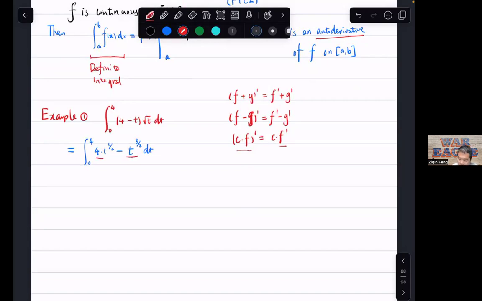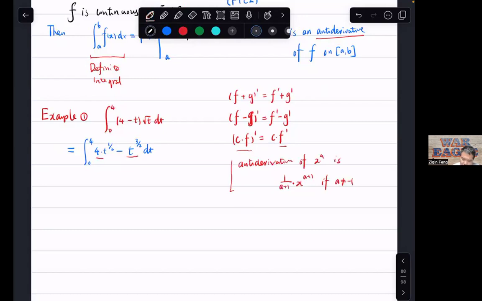We know the antiderivative of x to the a is x to the a plus 1 times 1 over a plus 1, if a is different from -1. That's one of the results we obtain from the inverse of differentiation.